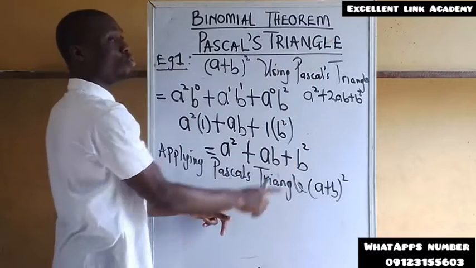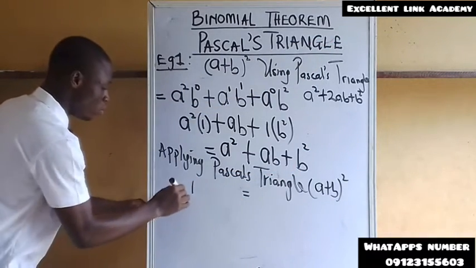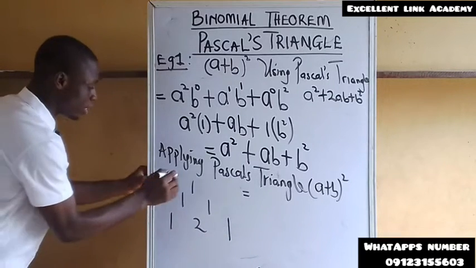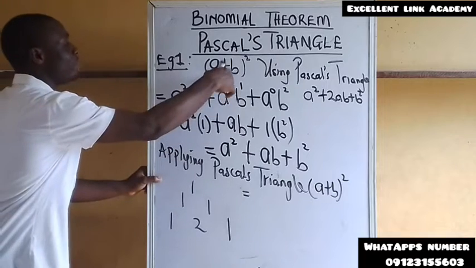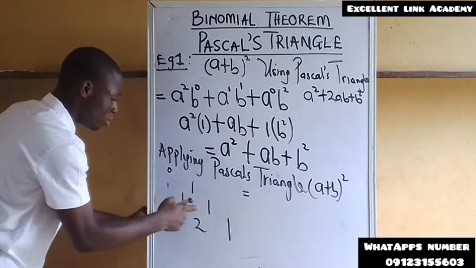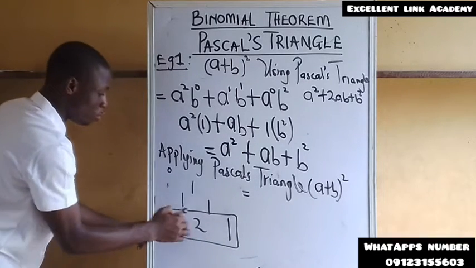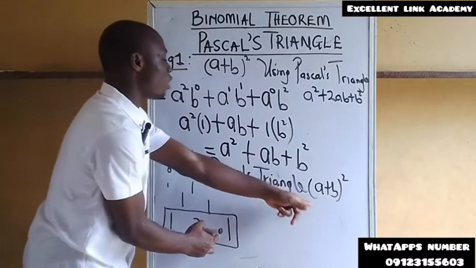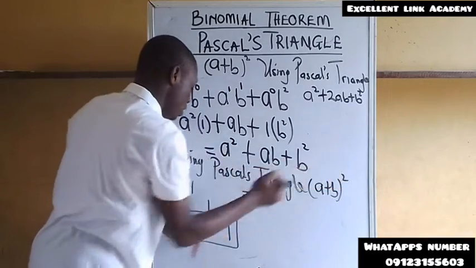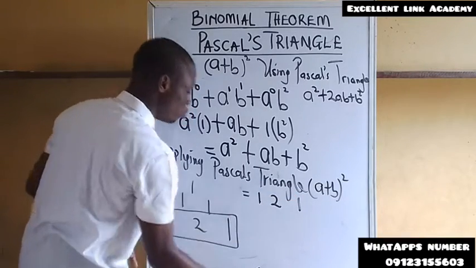What was the coefficient? Pascal's triangle for any term to the power of 2 becomes 1, 2, 1. 1, 2, 1 is what I'm going to be using.